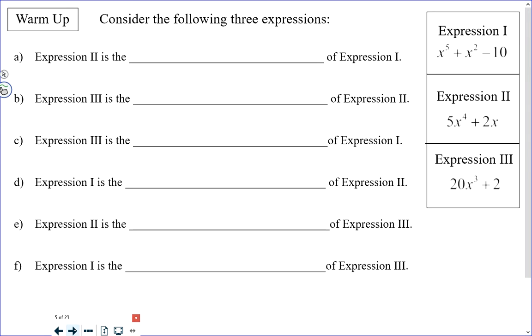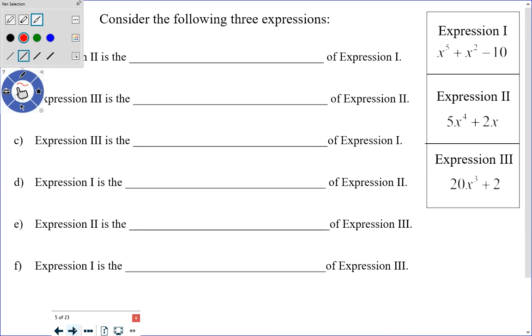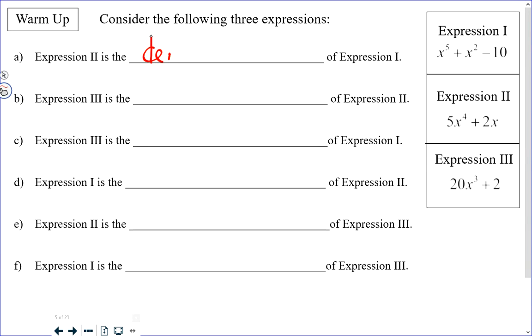So look at all these blanks we have to fill in. Expression 2 is the derivative of expression 1. Expression 3 is the derivative of expression 2.